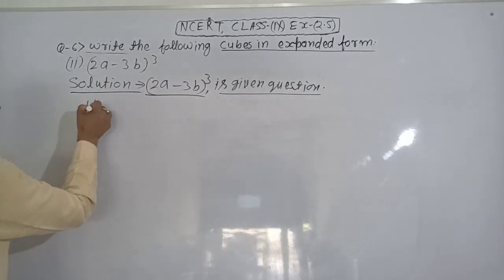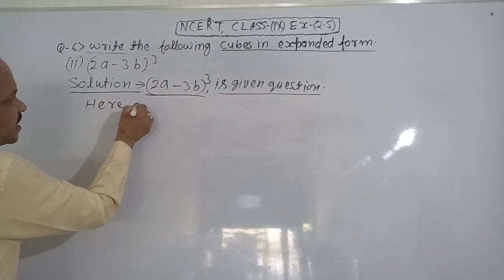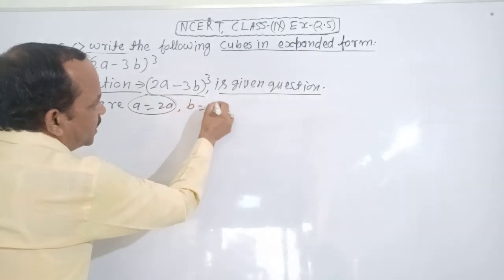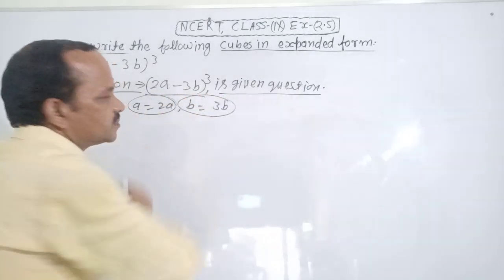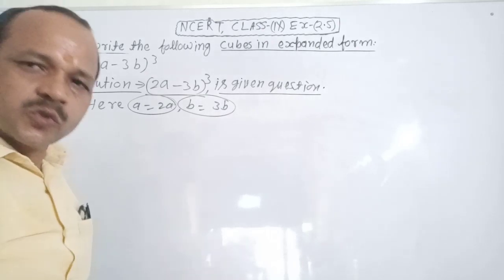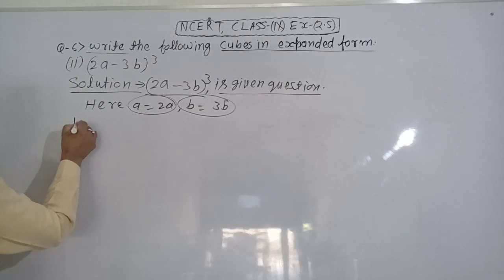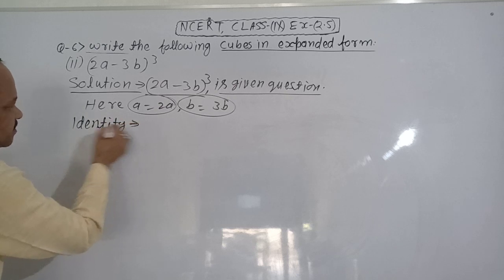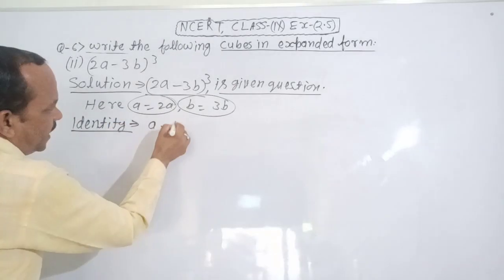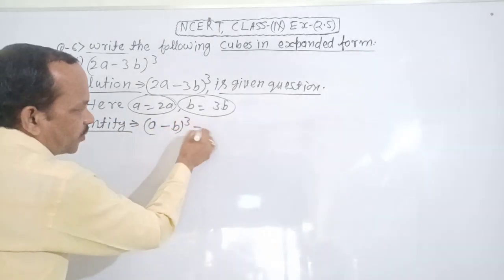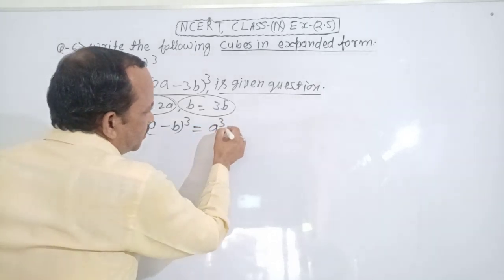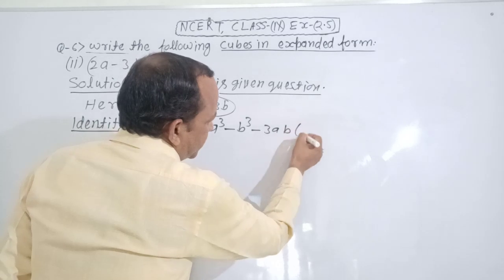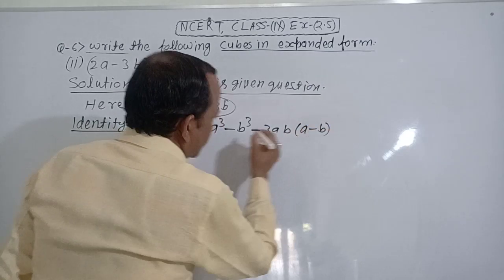Here a equals 2a, b equals 3b. The suitable identity is (a minus b) whole cube equals a cube minus b cube minus 3ab in brackets (a minus b).